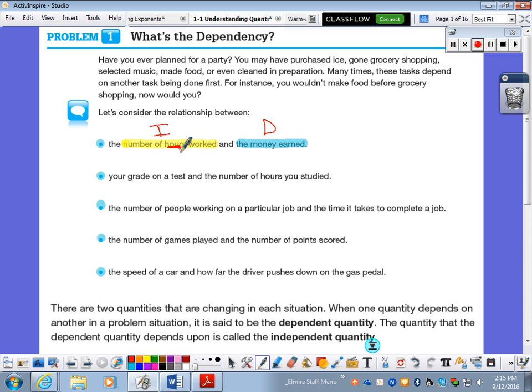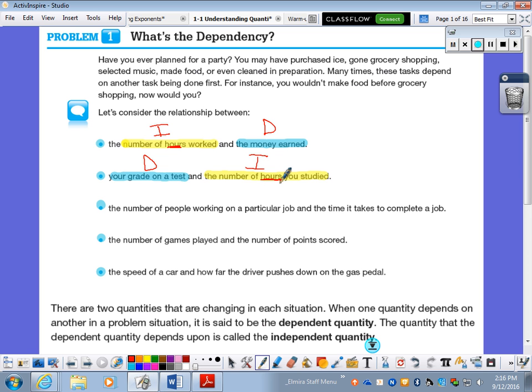Your grade on a test and the number of hours that you studied. Well, your grade could depend on the amount of hours you study. The other way to think about it is you study first, that's your independent, and then you get the grade, you take the test.